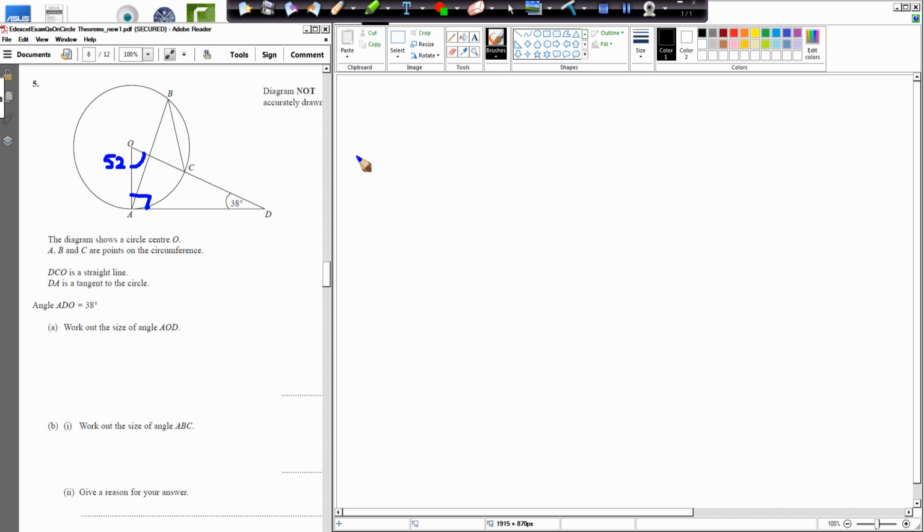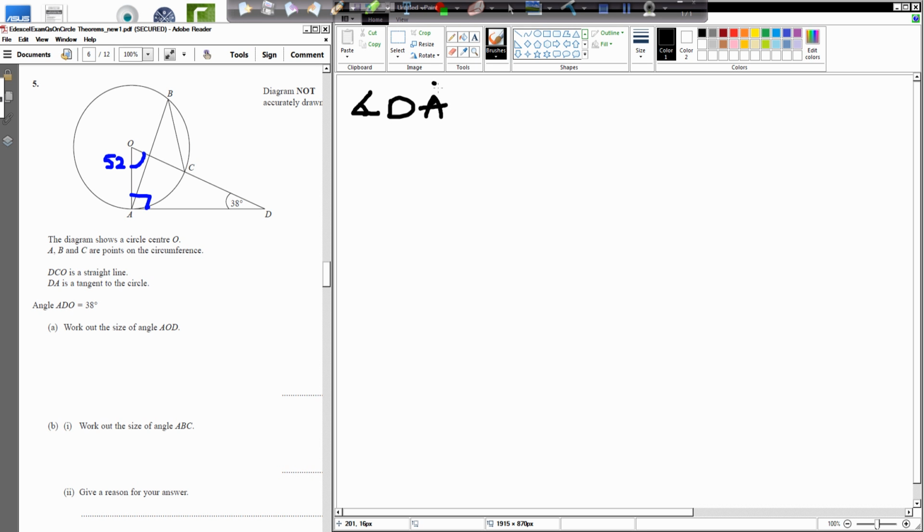Okay, so now let's write down some of that mathematics. Let's write down some things that we know. So we can say first of all, angle DAO is equal to 90. Why?